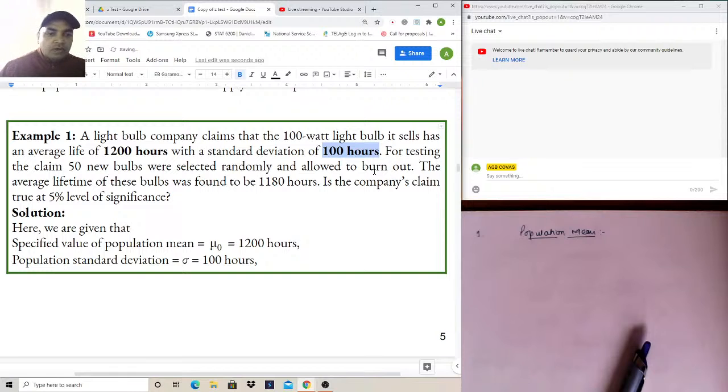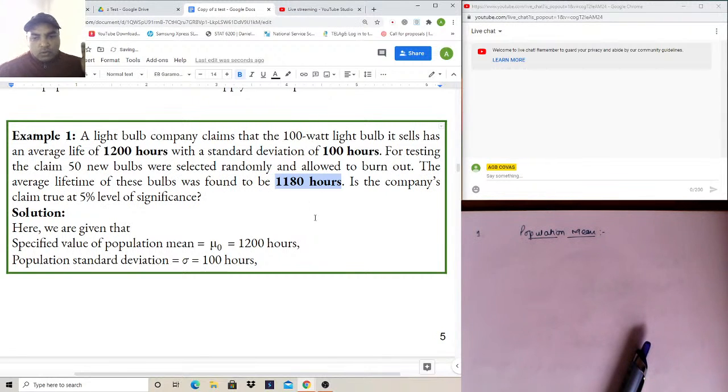For testing the claim, 50 new bulbs were selected randomly and allowed to burn out. The average lifetime of these bulbs was found to be 1180 hours. So is the company's claim true at 5% level of significance? This is what we have to test.